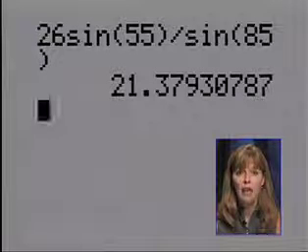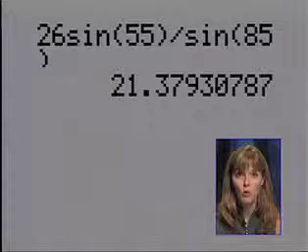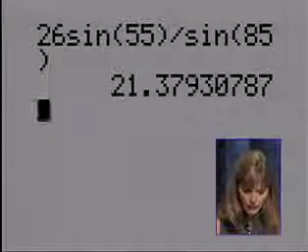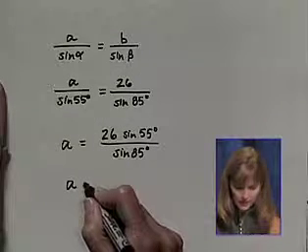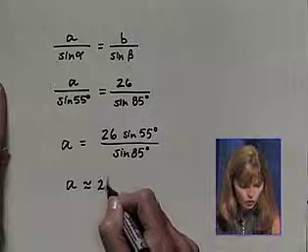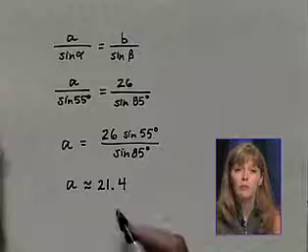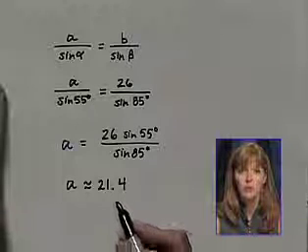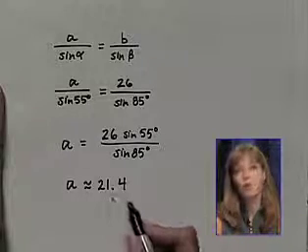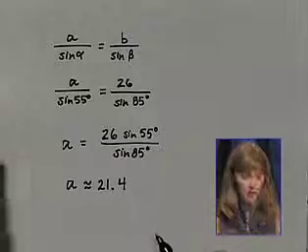And we come up with a value which is approximately 21.4. Let's write that down. A then is approximately 21.4. Now in this particular problem we weren't given any units, so we're just going to leave it at that and say it would be 21.4 units, whatever those units may be.